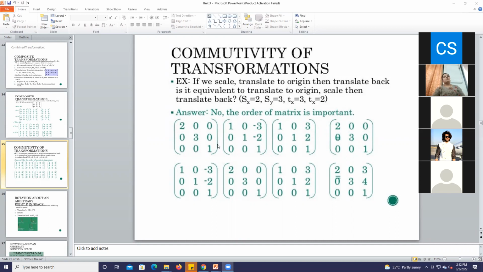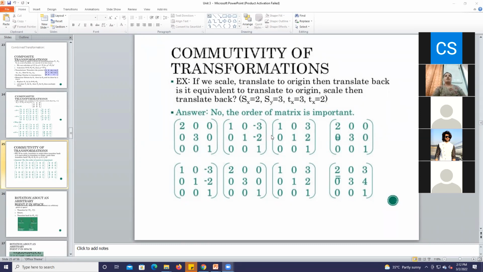According to that. So here what is shown is commutativity property of the transformations. So matrix multiplication, if we need to carry out, then the order of the operations are very important.